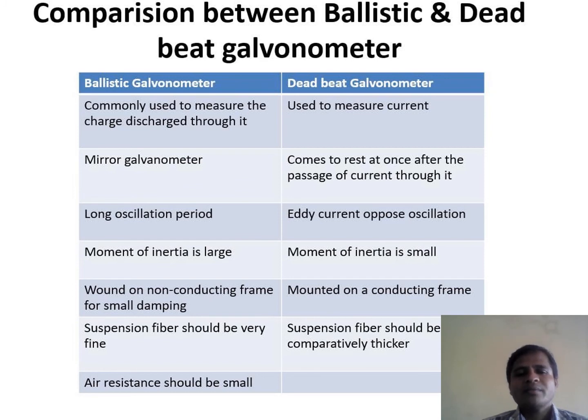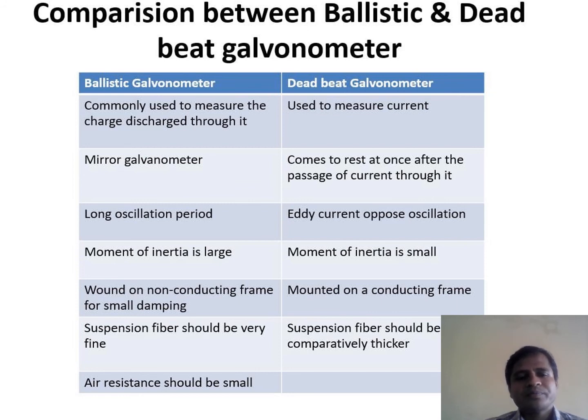The fourth comparison, in the ballistic galvanometer the moment of inertia is large, whereas in the deadbeat galvanometer the moment of inertia is small. The next comparison, in the ballistic galvanometer, to have small damping, the coil is wound on a non-conducting frame, whereas in the deadbeat galvanometer, to obtain heavy damping, it is wound on a conducting frame.